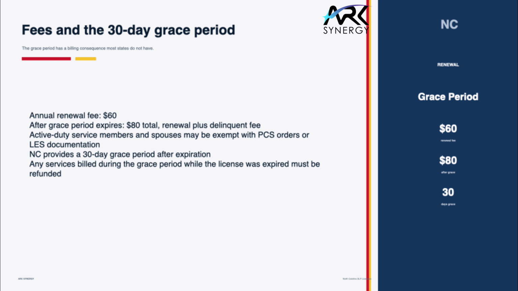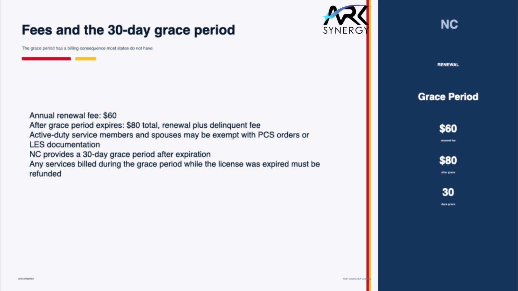So let's talk about the 30-day grace period that I mentioned. North Carolina provides a 30-day grace period after the license expiration date. During that period, you can still renew, but with a delinquent fee added.